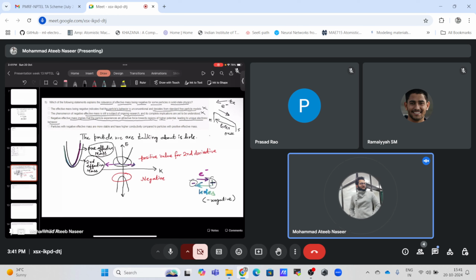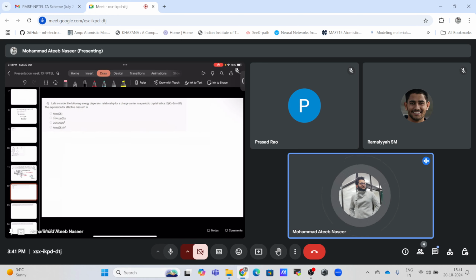Okay, there is another problem associated with the effective mass. This is the mathematical relation that we need to use. We have to consider the energy dispersion relation for a charge carrier in a periodic crystal, which is given by 2 sin squared k, and we have to calculate the effective mass.